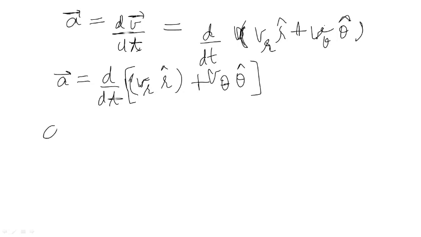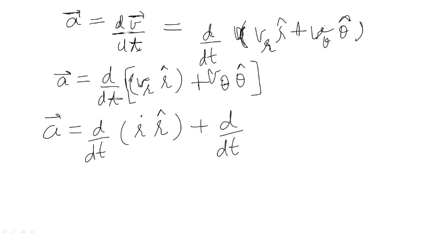So acceleration, now you can write it as d over dt of vr, which is r dot, unit vector r plus d over dt of v theta, and you know that v theta is equal to r theta dot, unit vector theta.